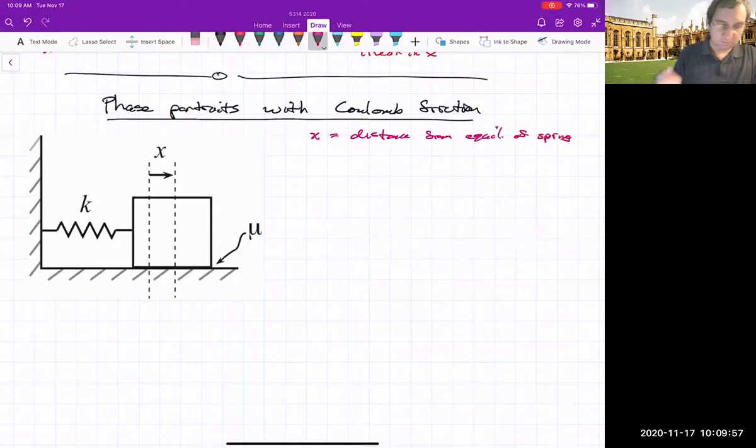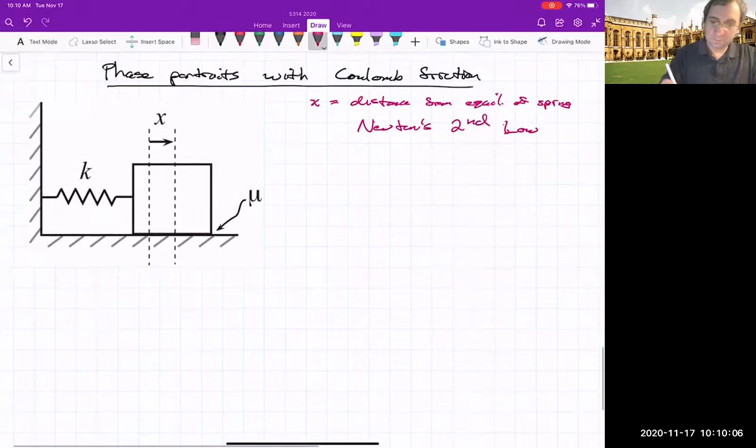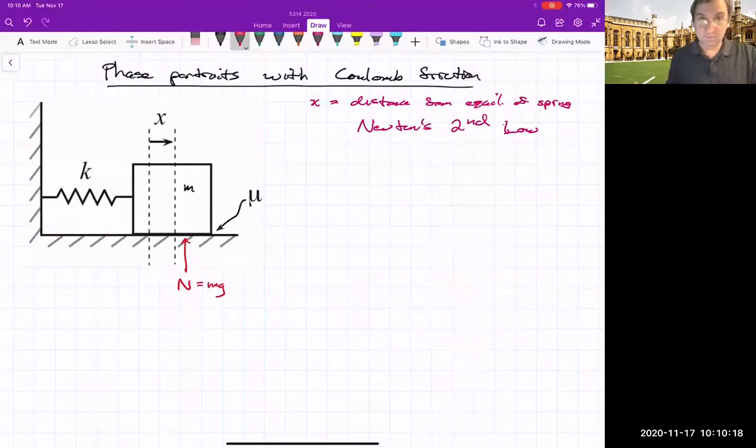Let's use Newton's second law. And this is a mass M. We've got a normal force N, which is going to be equal in magnitude to M times g, right? So gravity is here.